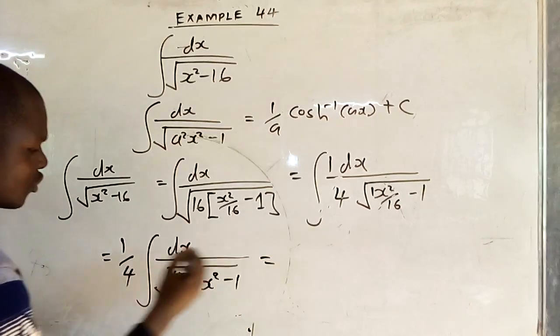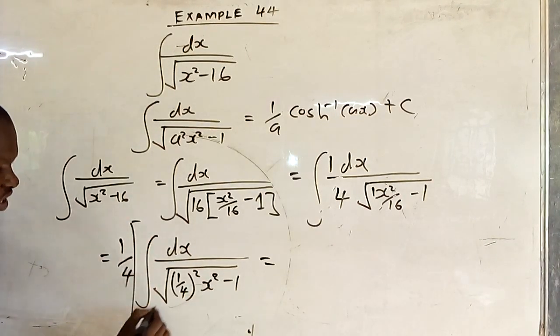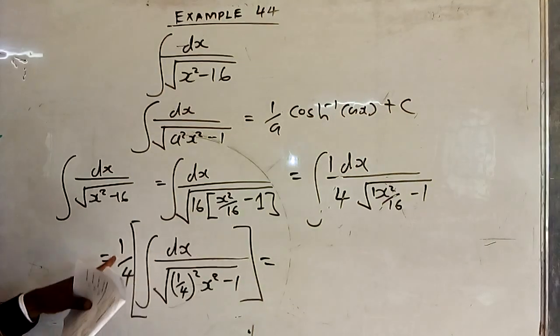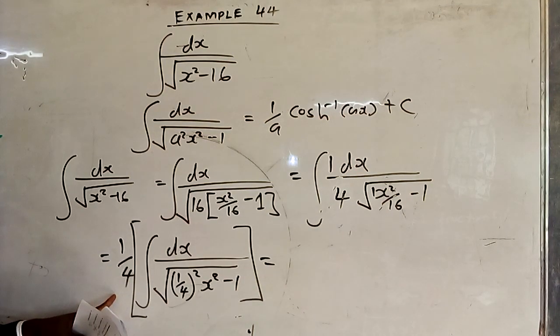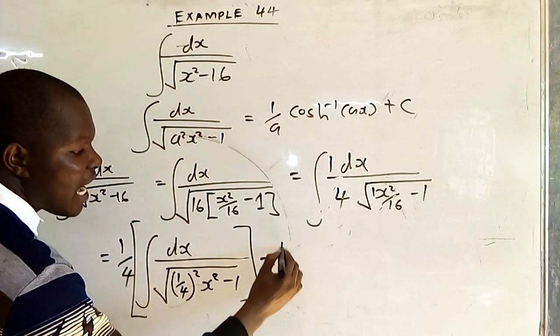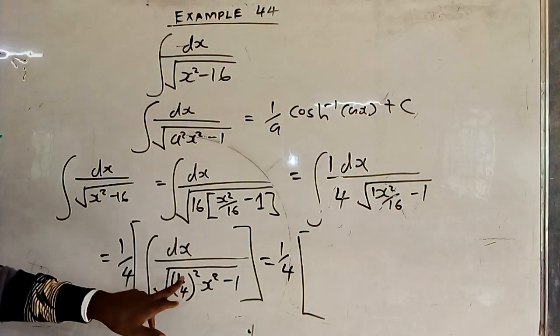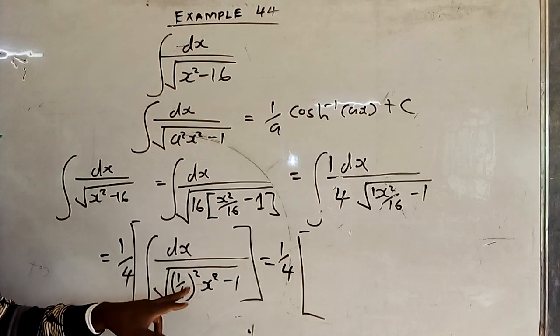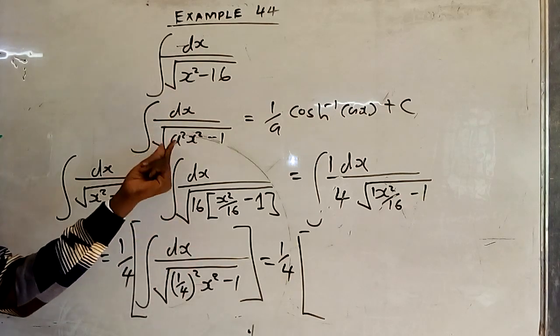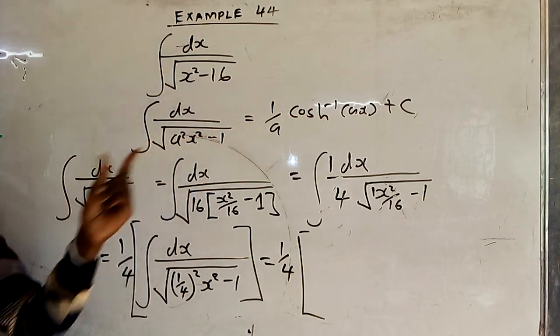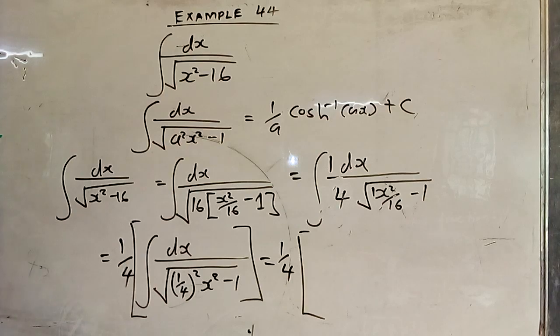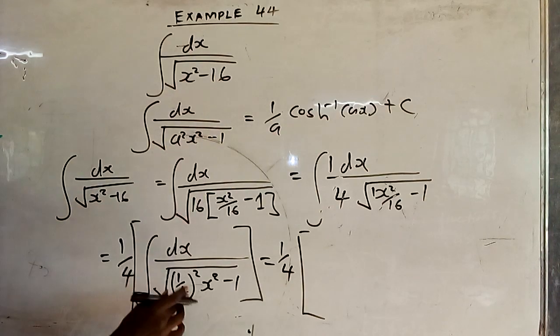So look at this integral, it is what we are dealing with. Outside we have 1 over 4, isn't it? Are we together? So we have 1 over 4, then inside, what do we have? The integral of x over square root of a squared x squared minus 1. You are supposed to get 1 over a.